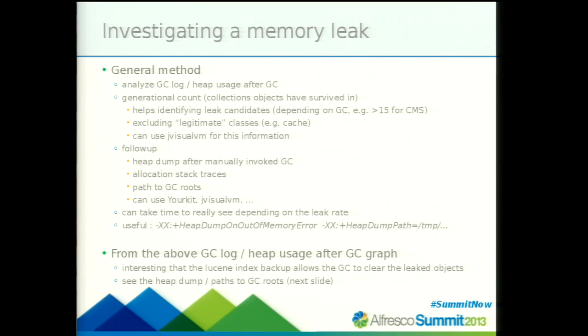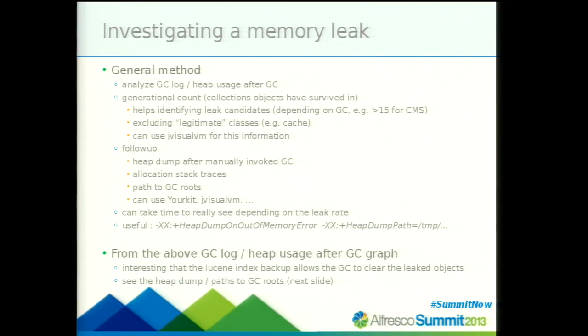All of them will tell you that. For example, if you have a very high number of generations, that means that this particular set of objects has survived a very large number of generations, meaning it couldn't be collected. There are several reasons for that. It could be legitimate, for example, some cache that is not expiring. That seems reasonable. But it could also be objects that are not collected for some reason. And we'll see why afterwards.